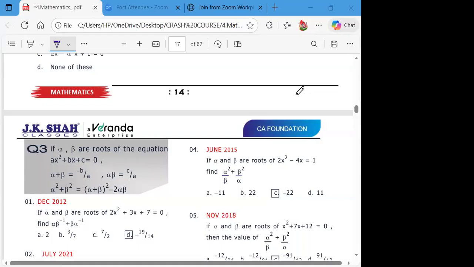If discriminant is more than 0, roots will be real and unequal.